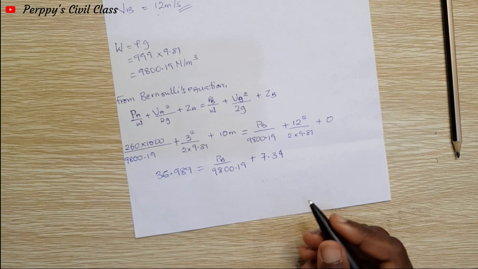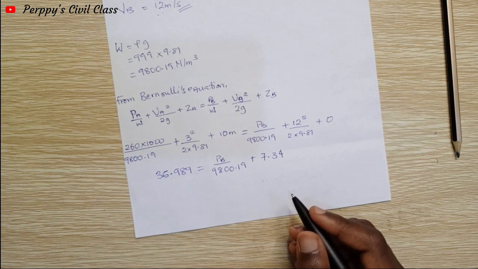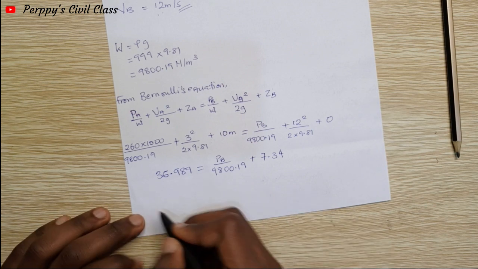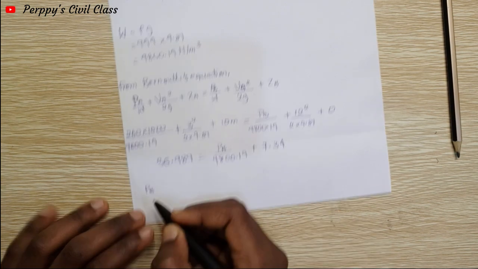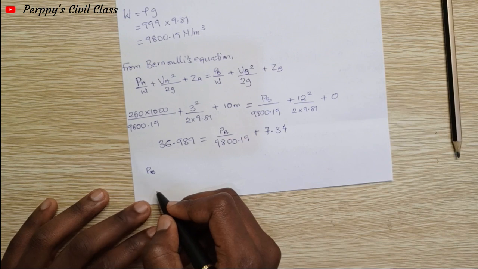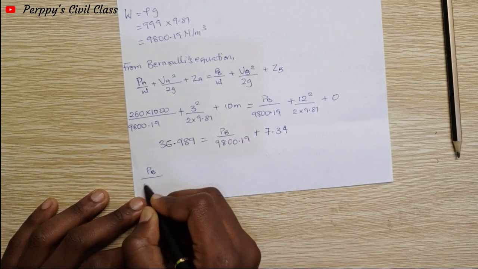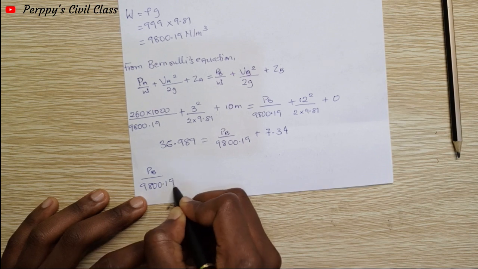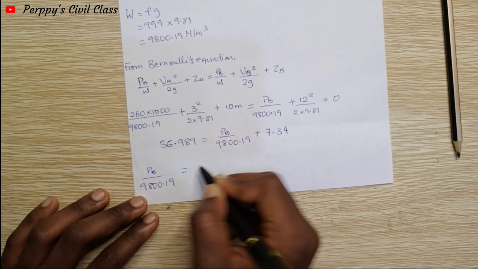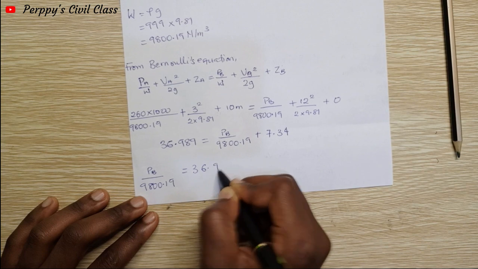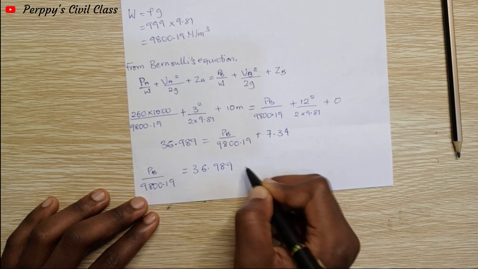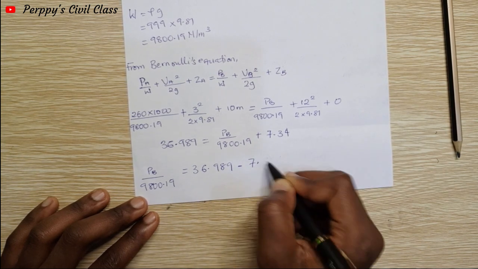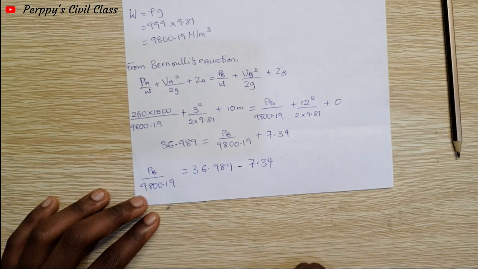So we make PB the subject. So PB divided by 9800.19 is equal to 36.989 minus 7.34.